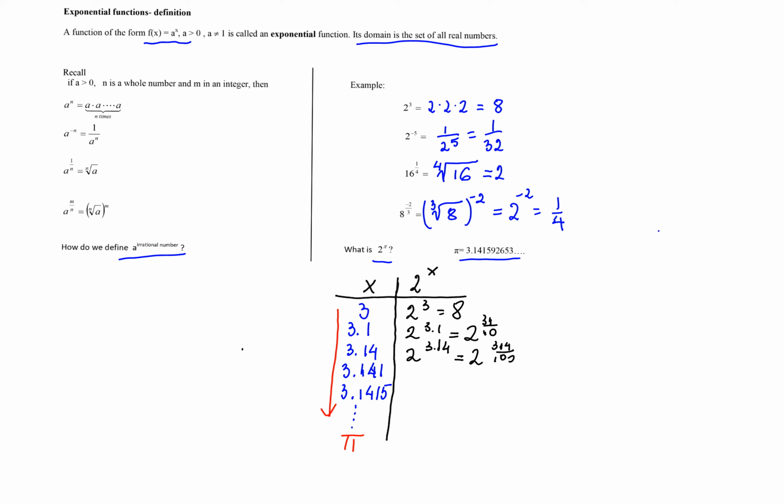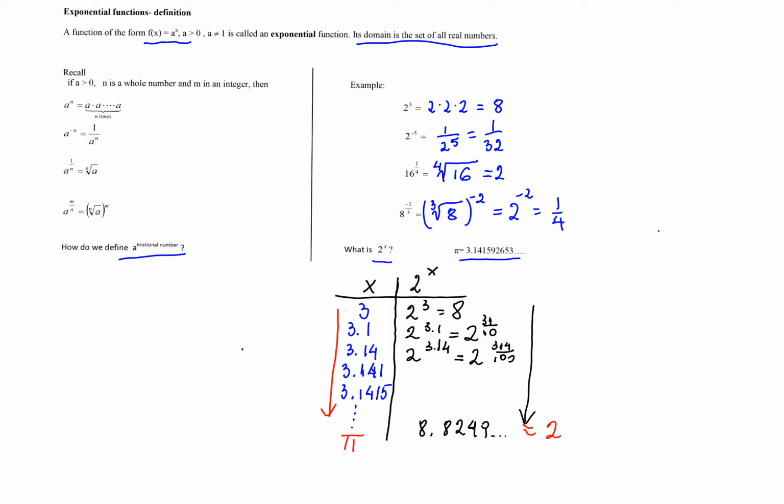And it has been shown in more advanced math courses that these numbers approach a certain number that has the decimal expansion 8.8249 and so on. And this number, therefore, is called 2 to the power pi, because it's the only number whose expansion this is.